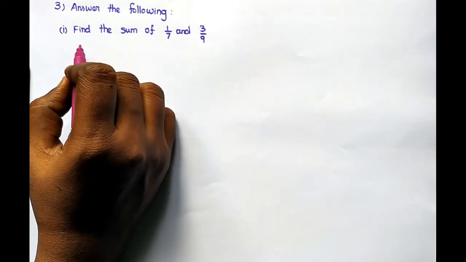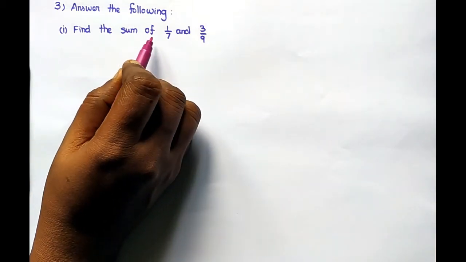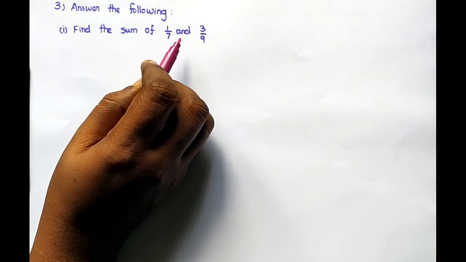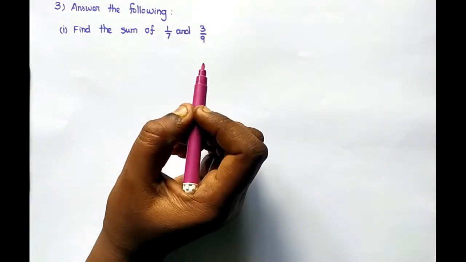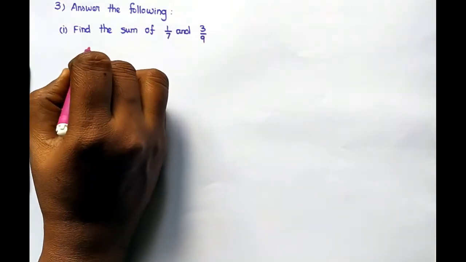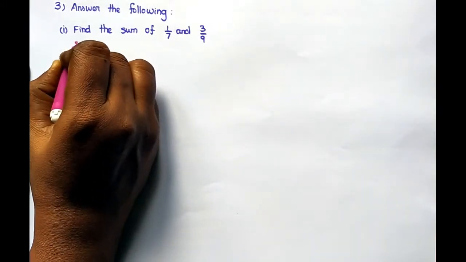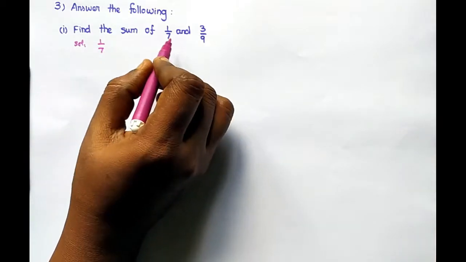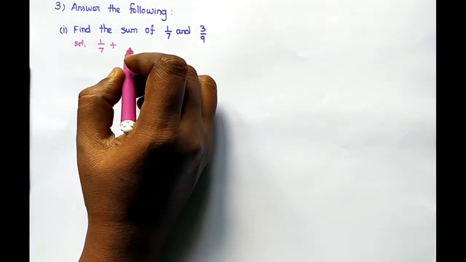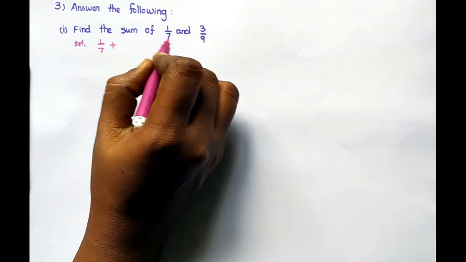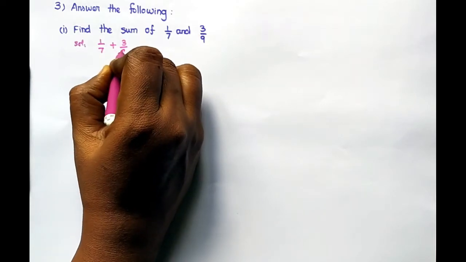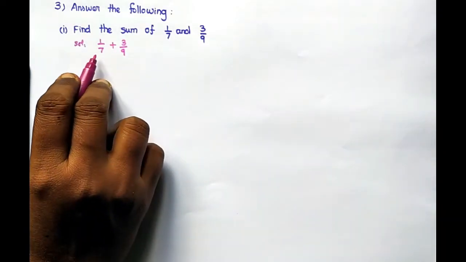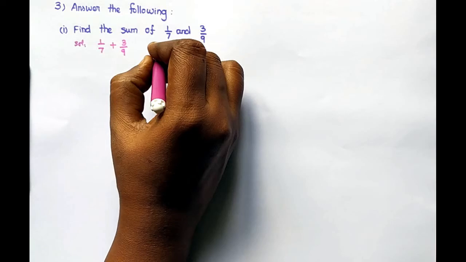First subdivision, find the sum of 1 by 7 and 3 by 9. So solution, 1 by 7, sum of, so put the addition symbol, 3 by 9. Now take LCM for 7 and 9.